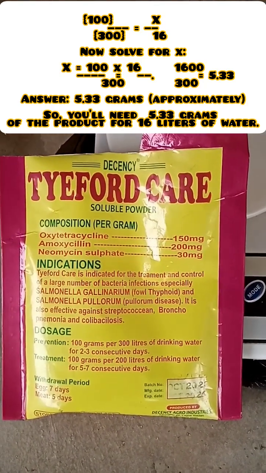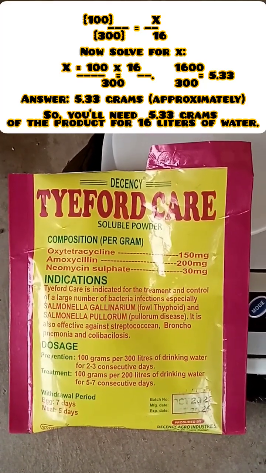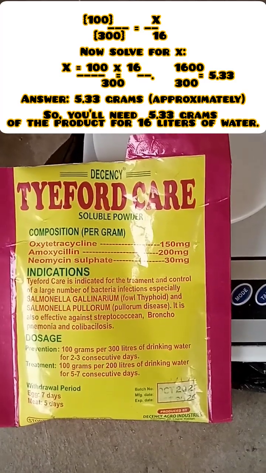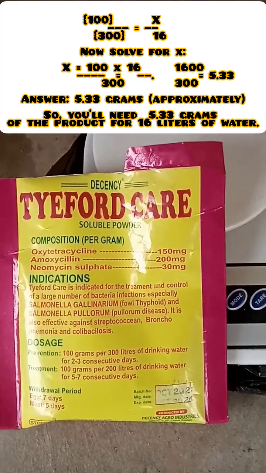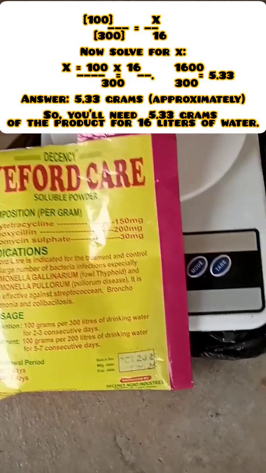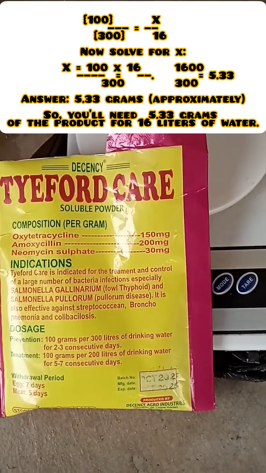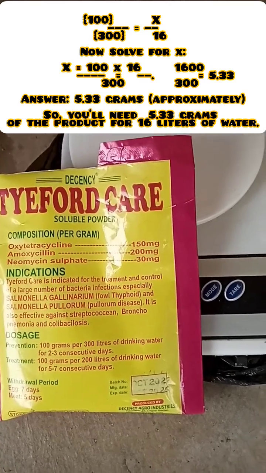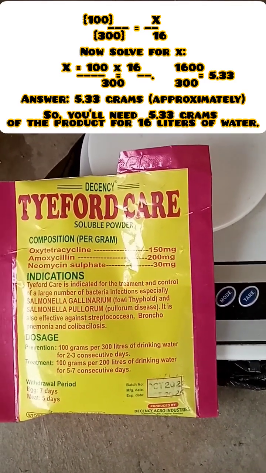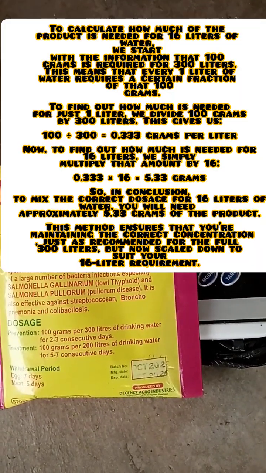So now 5.33 grams will be used in 16 liters. Very simple. You just say 100 grams times 16 liters equals 1600 grams, divided by 300 liters will give you 5.33 grams.